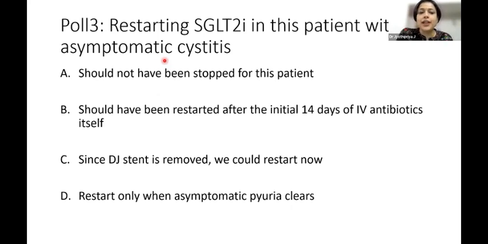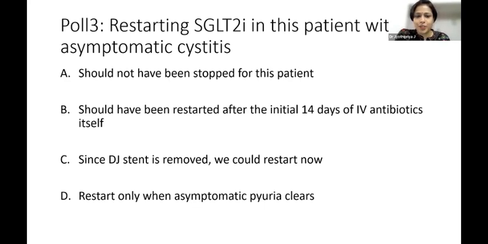Option D, restart only when asymptomatic pyuria clears. Dinesh, can you launch poll 3? Yes, poll 3 is on the screen. 4 options are there. You can give your opinion. Okay, I think we can close the poll. Dinesh, close the poll and launch the results.